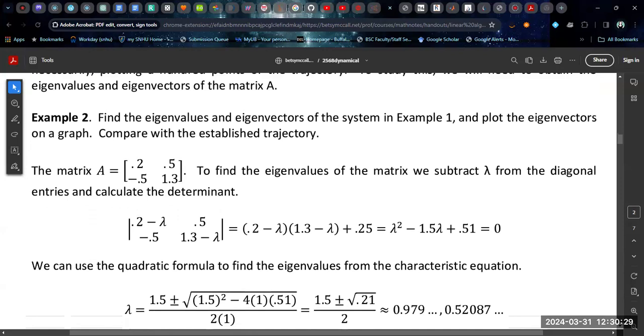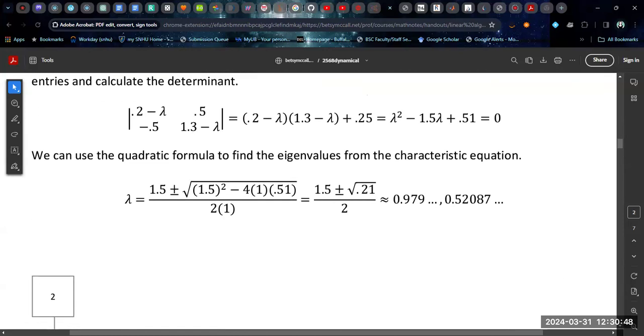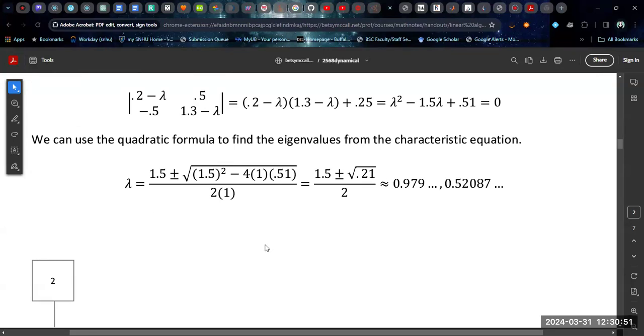So to do that, here is our matrix A again. And so to find the eigenvalues and eigenvectors, we're going to subtract lambda off the diagonal. And then we're going to find the determinant. And we end up with this equation right here. Do not be terribly surprised if you have to use the quadratic formula to factor these, because we're dealing with decimals after all.